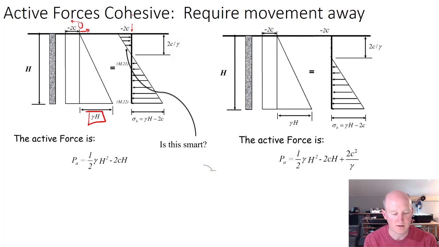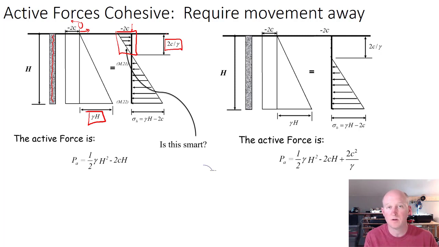What ends up happening is we get a tension component in the wall face. As this wall is trying to move away, there's actually a suction force described right here that's sort of holding the wall from moving. It turns out also that this is the depth that a tension crack could form in a situation with clay.